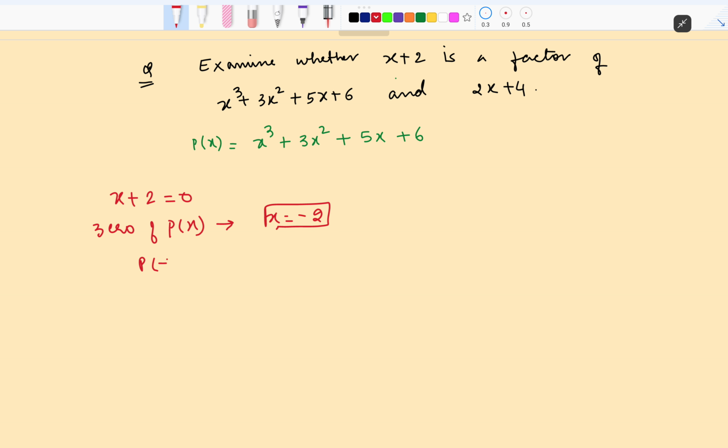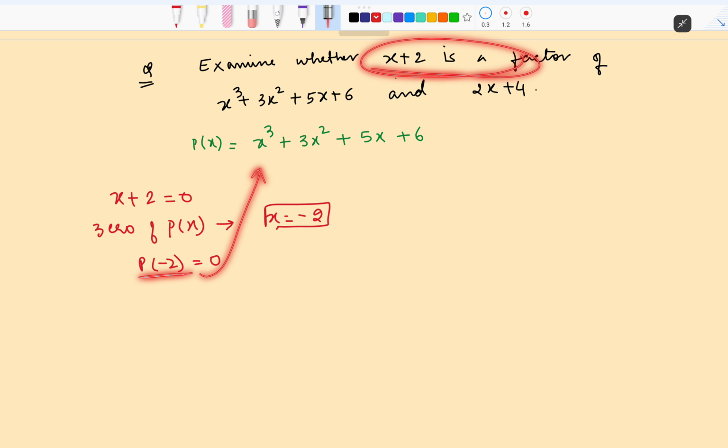That means p of minus 2 should be equal to 0. We have to examine whether x plus 2 is a factor. So if x plus 2 is a factor, then p of minus 2 should be equal to 0.